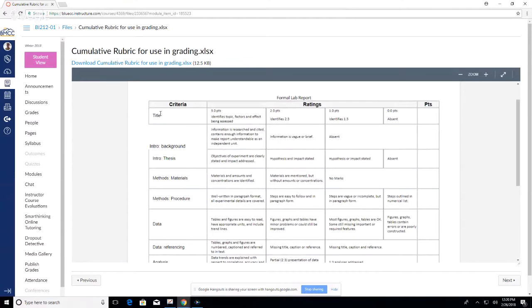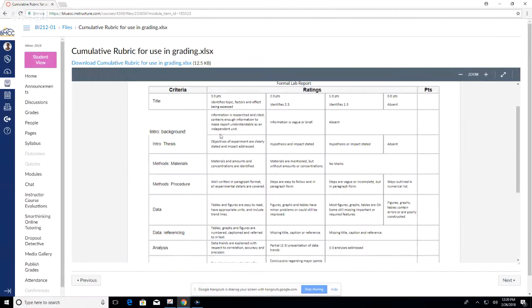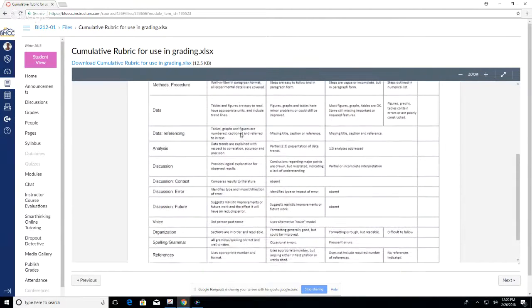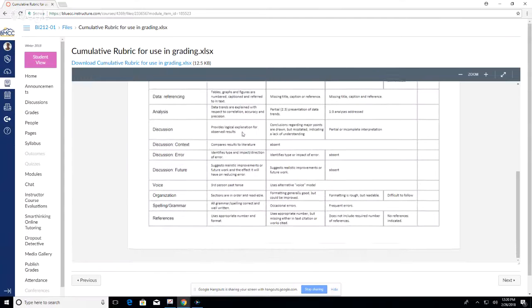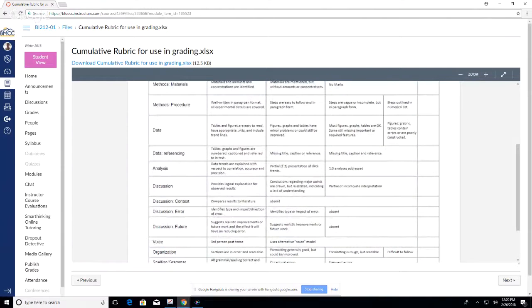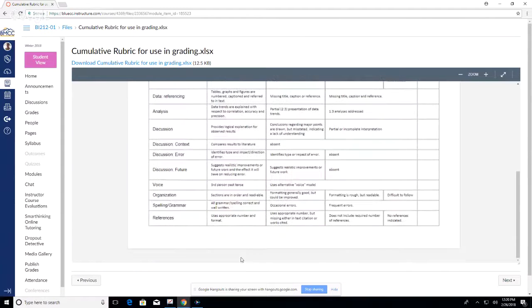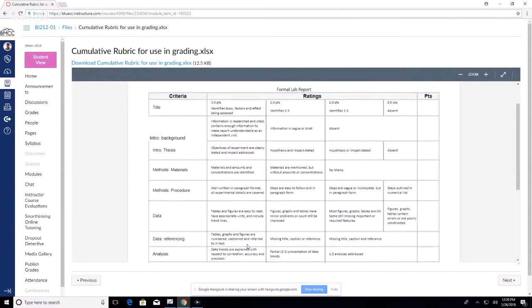So if you have a title, and it identifies the topic and what's being assessed, you get 3 points. If it's absent, you don't get any points, okay? So what I would do is as I'm writing my paper, I might look at this rubric just to make sure that I am putting everything in that is required to get the full points, right? It just came out to be out of 48 points rather than 50 points.